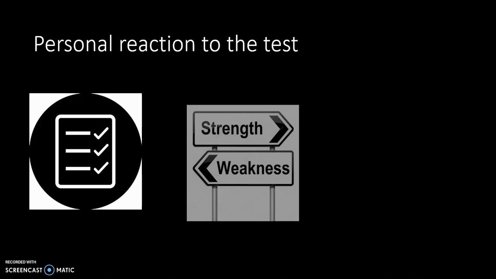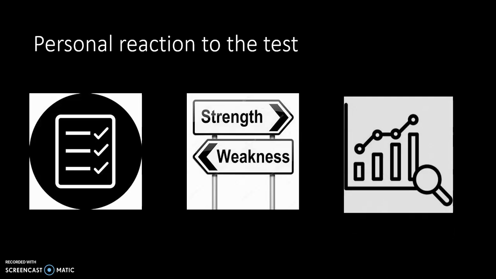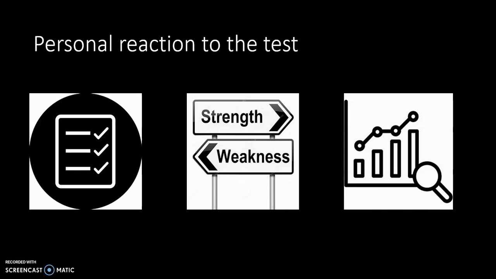My personal reaction to the test: I think it's really important to measure students' abilities when it comes to word identification, spelling, and sound symbol knowledge, and that this type of testing is important so that struggling readers and spellers can be identified and interventions can take place. And I also like that there are informal assessment systems for analyzing student performance within the WIST assessment.